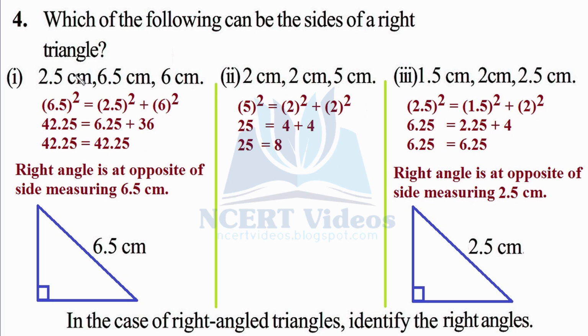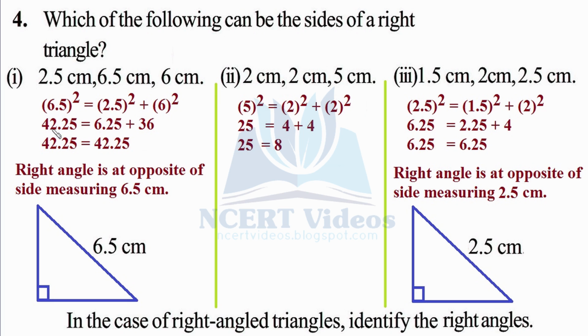So we have taken 2.5 centimeter first, square it plus whatever is left, plus 6 square. Solve it. Here you can use that trick again because unit digit has 5. Increment this with 1. 7, 7 6s are 42, fix 25 to it.